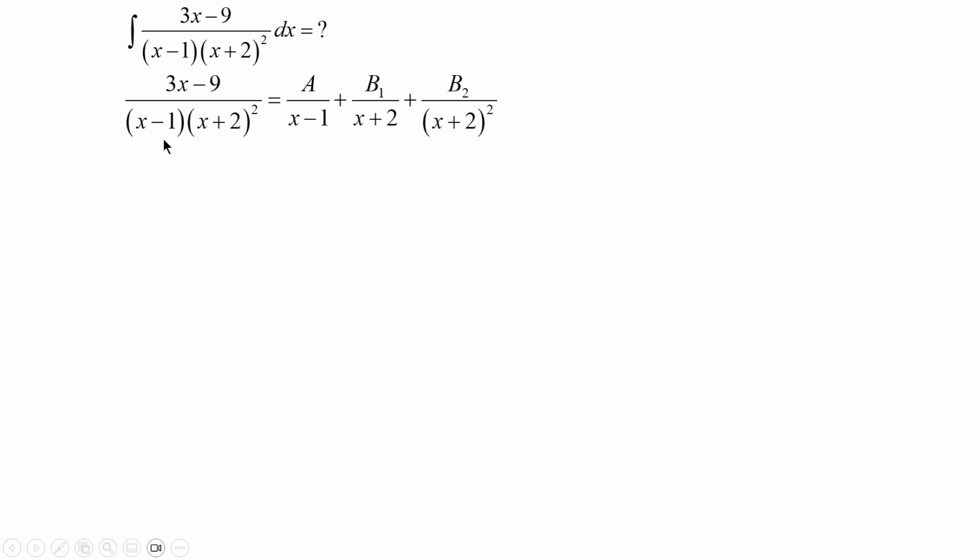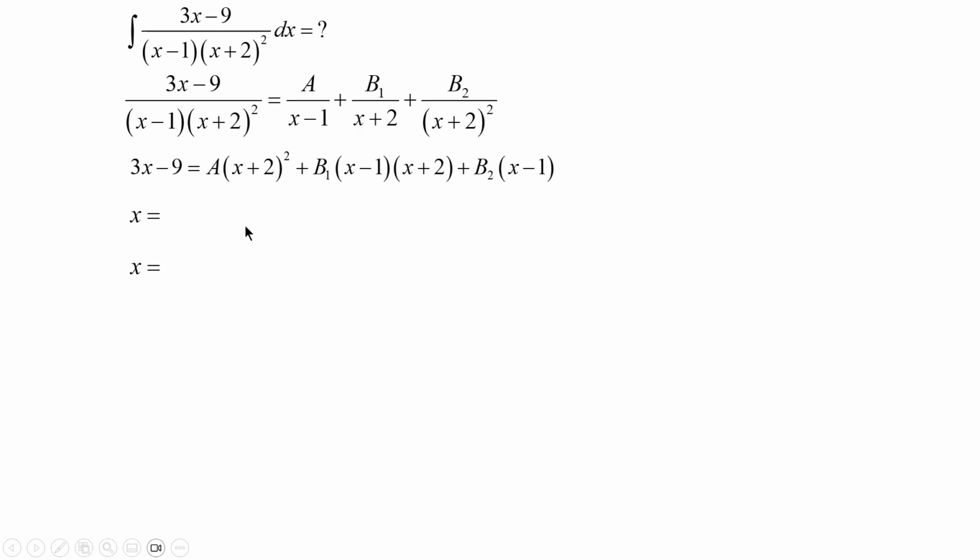And now we're going to multiply both sides by the divisor on the left. So I'm going to get 3x minus 9 equals a times the quantity x plus 2 squared, b sub 1 times the quantity x minus 1 times the quantity x plus 2, and then b sub 2 times the quantity x minus 1. And now we do our same thing.